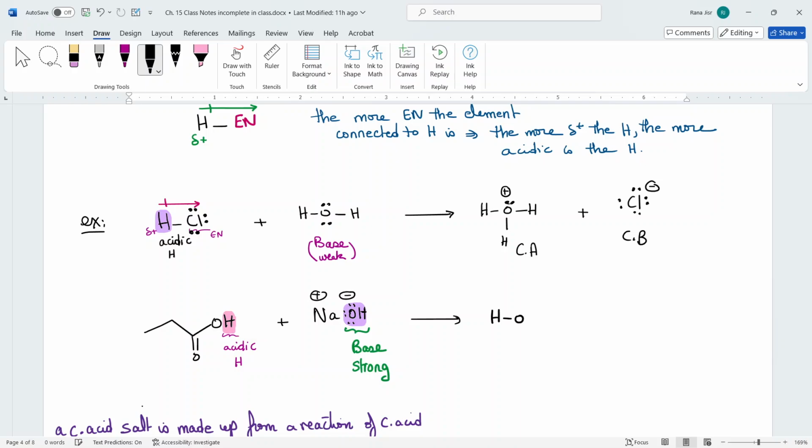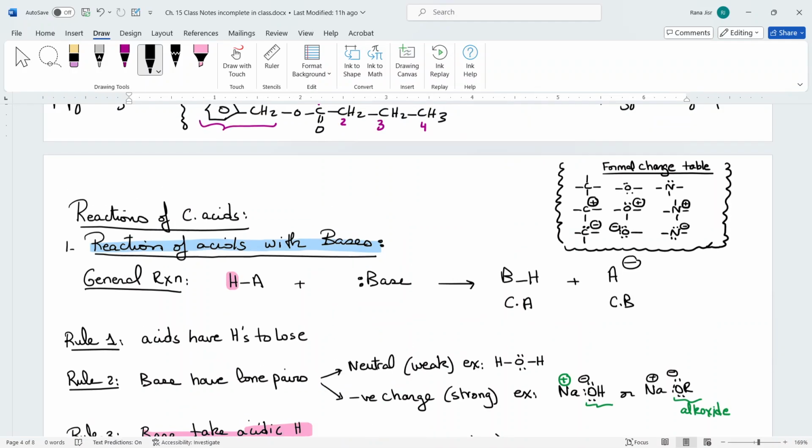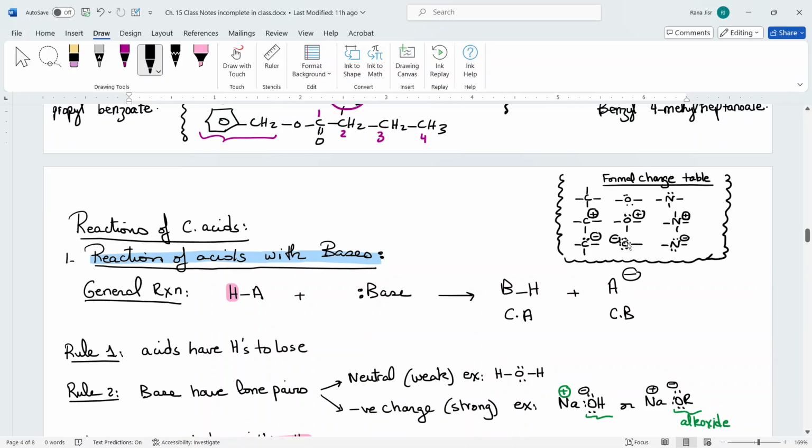So bases turn into conjugate acids. So the OH of the base is going to turn into water. That is the conjugate acid. Plus whatever is left from the acid is this part over here. Just go ahead and write it down. And you do have an oxygen. When oxygen has one bond, we're going to refer back to the table. When oxygen has one bond, it will have 3 lone pairs and a negative charge.